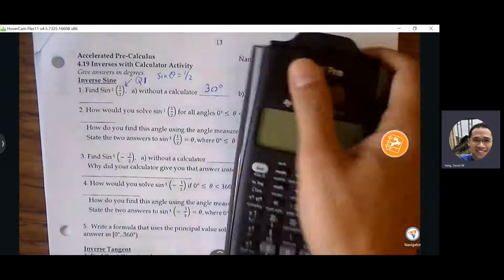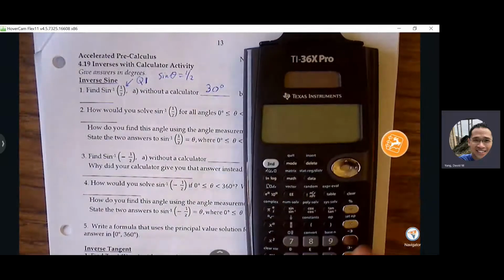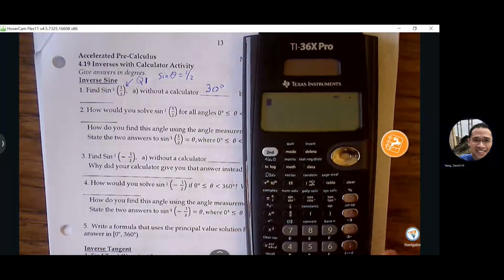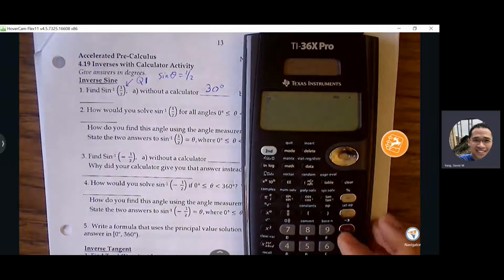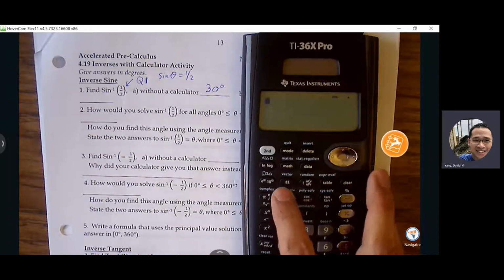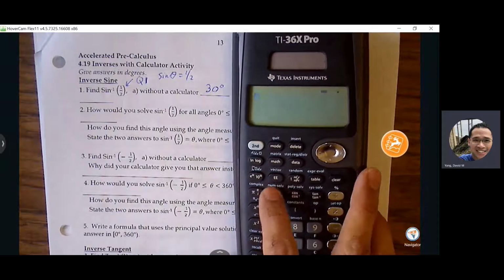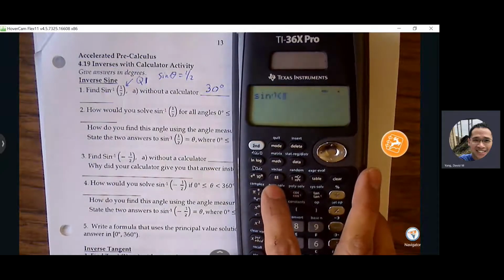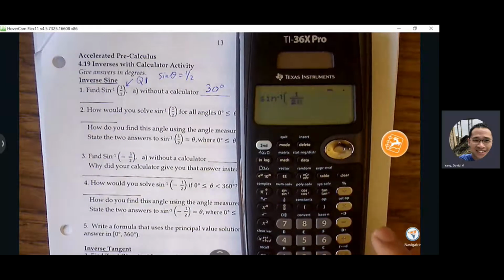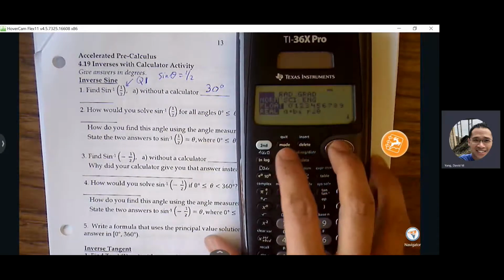So you get to use the calculator on the quiz, but sometimes the calculator doesn't give you everything that you need, but it's good to know where our calculator is helpful and where we need to make our own conclusions. So you can do inverse sine. You can hit sine twice, so take it to inverse, and then do 1/2. Make sure you are in degree mode.